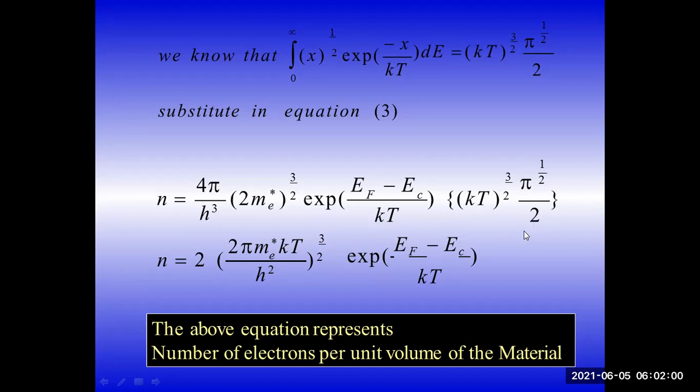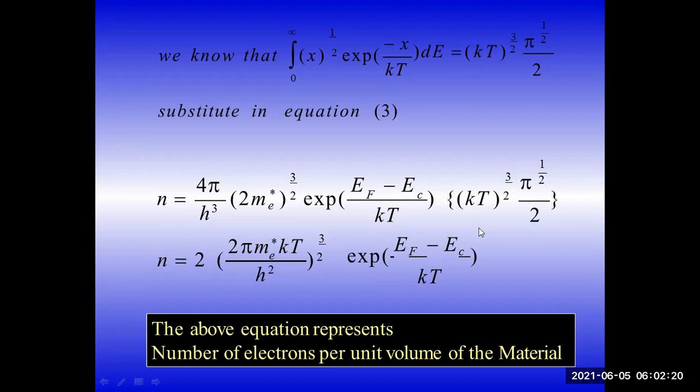That should be very much clear to you. So what we are doing here is just multiplying it and keeping it inside. This pi and root pi is nothing but pi to the power of 1 and pi to the power of 1 by 2, so this will come to pi to the power of 3 by 2.